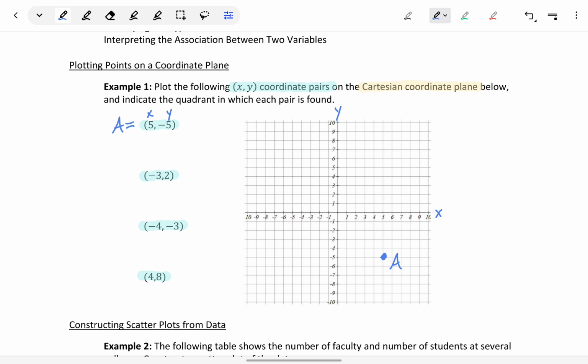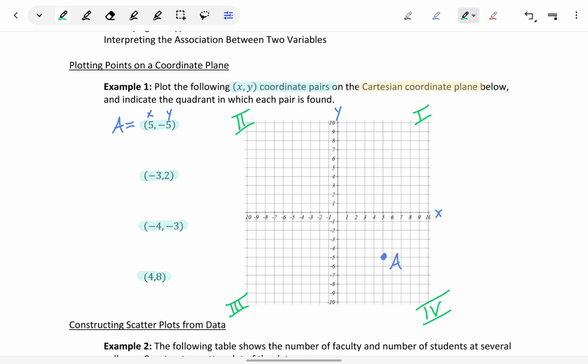And the other thing that we're asked to do is indicate the quadrant in which each coordinate pair is found. If we look at the xy coordinate plane, they take this square region and break it up into 4 different sections. We refer to the first section, the upper right-hand corner, as quadrant 1, and then we move in counterclockwise motion to get to quadrant 2, quadrant 3, and then finally quadrant 4.